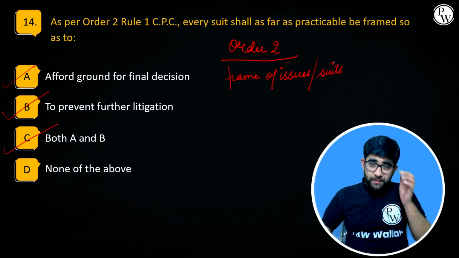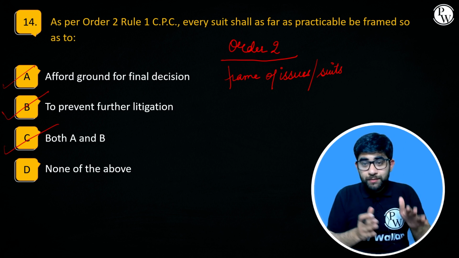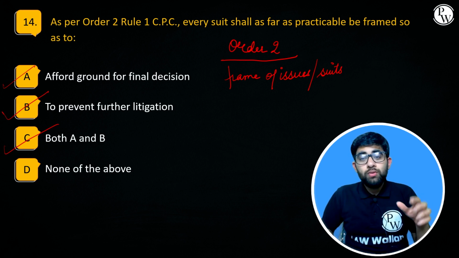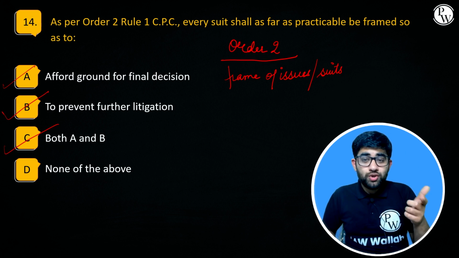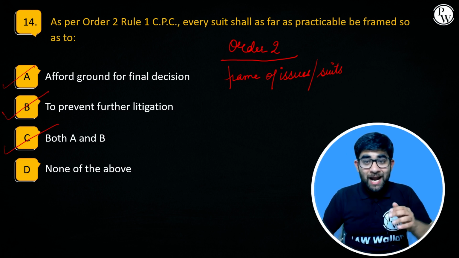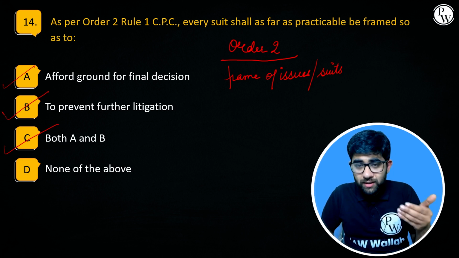Now, issues are being framed in the matter to narrow down the dispute between the parties, to know what evidence is to be led, and to help the judge to know what the actual dispute is and on what grounds and what points he or she has to give a judgment.